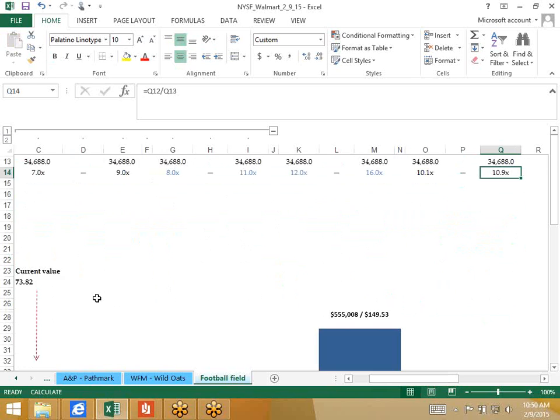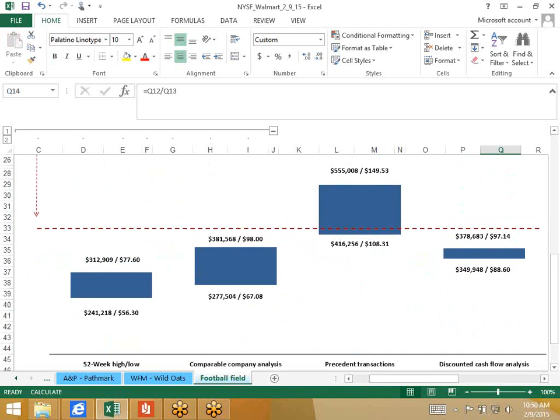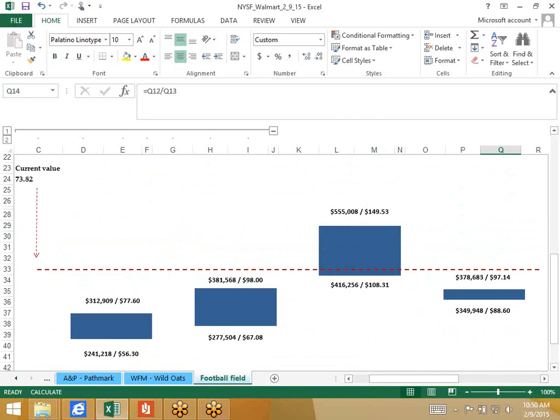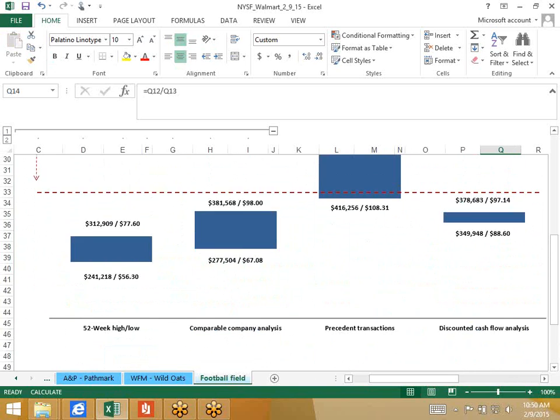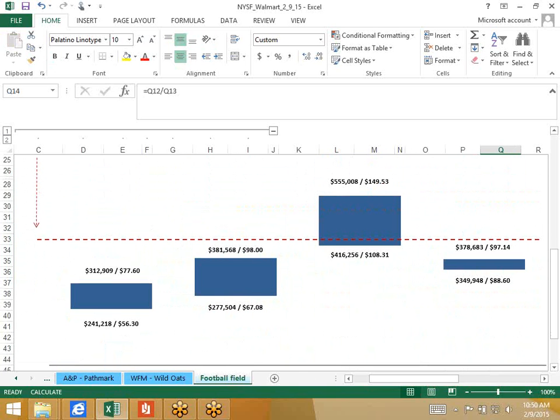So what does this mean? So if you scroll down, we get to just a graphic representation of all the different analyses. This is usually what goes in your pitch books, things like that. And we use this to help conclude where our stock should be trading at. Right? So this line's in the wrong place.